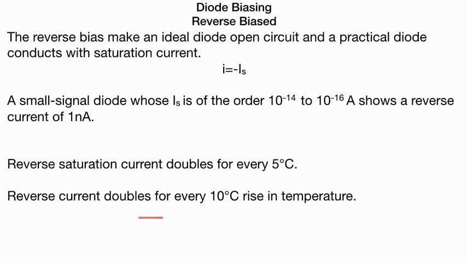If you need to calculate I_C2, it equals I_C1, the earlier value, times 2 to the power (T2 minus T1) divided by this formula. You can actually calculate the reverse saturation current.